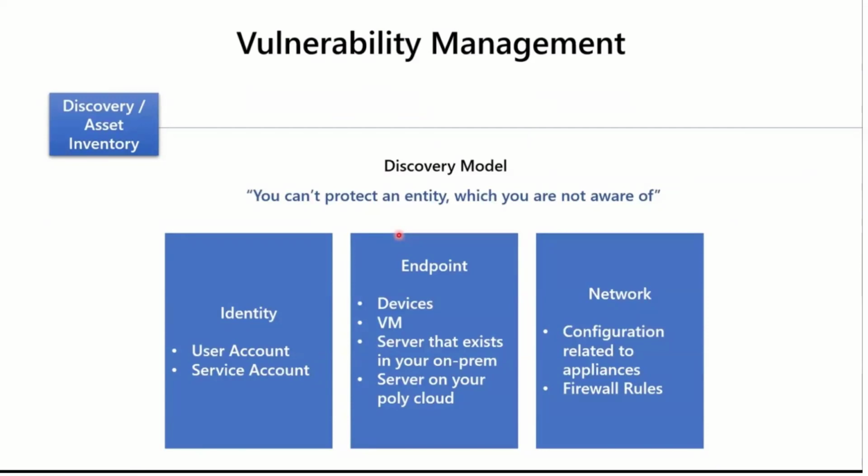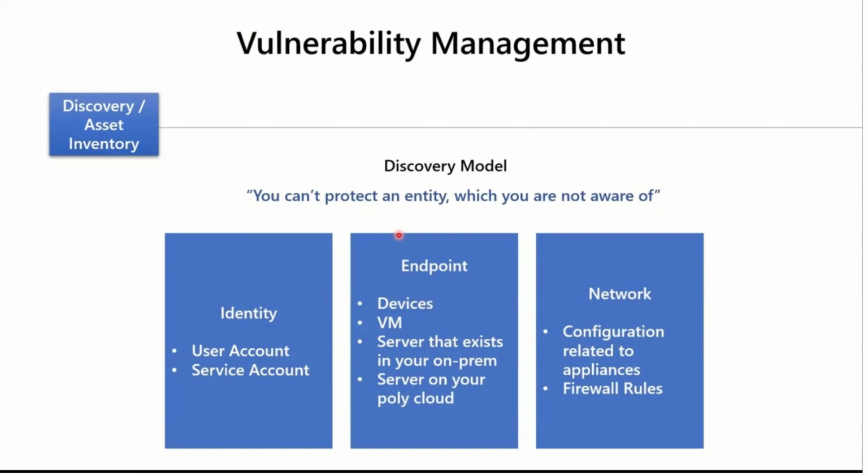So first of all, you have to be aware of how many devices, endpoints, and networks are present in your system. Those can be identities as well, like the persons, the users. How many users are present in your enterprise, using your resources, coming inside your enterprise?